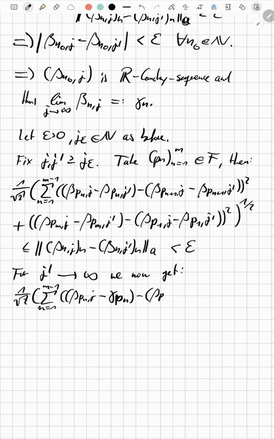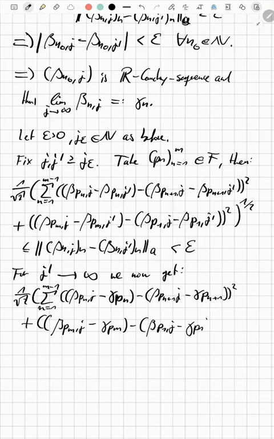Minus beta p n plus 1 j minus gamma p n plus 1 squared plus beta p m j minus gamma p m minus beta p 1 j minus gamma p 1 squared, square root. This is less than or equal to epsilon.